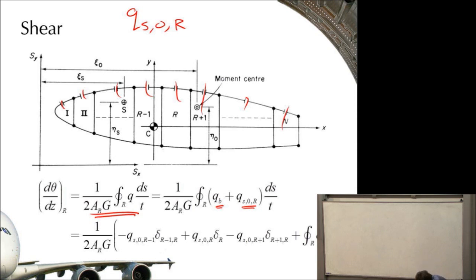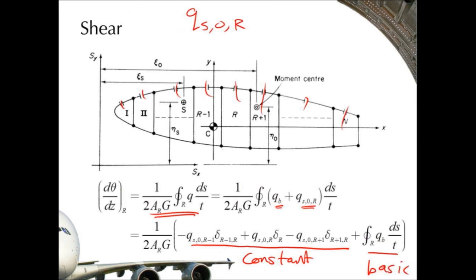So our equation looks very similar for the first bit. This is the constant parts. But then we have the basic parts as well. So here we've got n equations, but we've got n plus 1 unknowns.